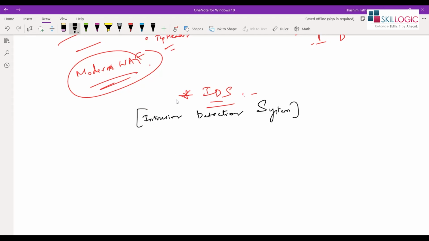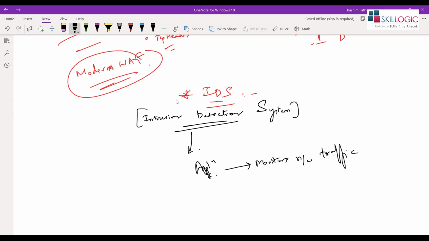So why do we need the IDS and IPS? As I told you, IDS carries out deep level filtering here. An IDS is an application which monitors network traffic. They are the ones who monitor network traffic, and they monitor completely, not just the TCP header part, along with that, the whole data.